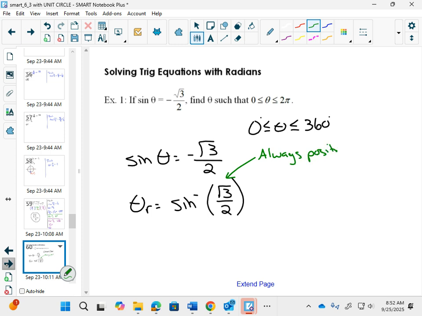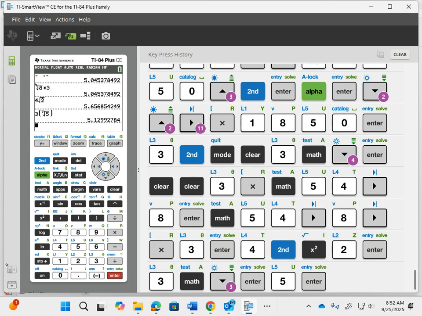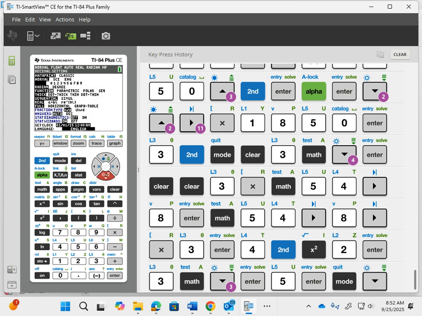Reference angles always deal with an actual triangle. So when you're doing your reference angle calculation, that root 3 over 2 in your calculator has to be positive. So I go to my calculator and I make sure I'm in degrees.